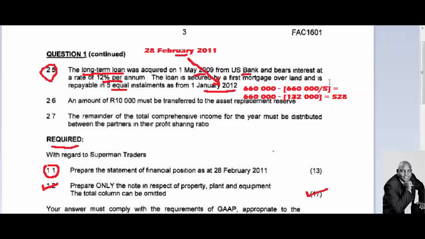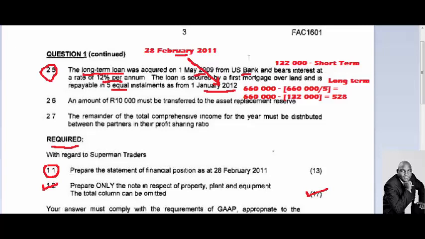This is the long-term loan, and the 132 is the short-term. Straightforward, right? I hope that makes sense.